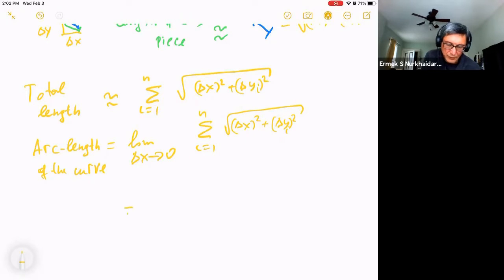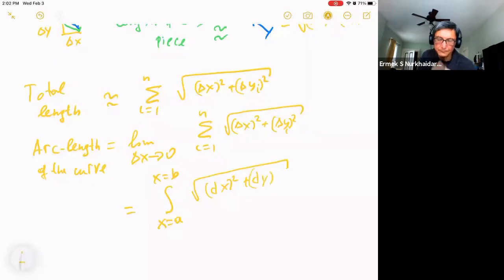And eventually we're going to get, if you remember, at the limit stage, the sum becomes an integral. We start at x equals a. We finish our division at x equals b. And inside here, we're going to get square root of dx squared plus dy squared, and that's arc length.